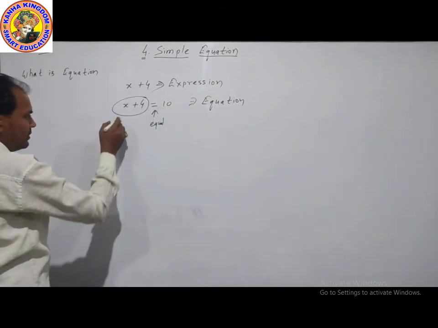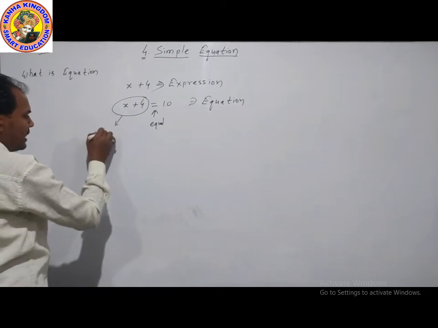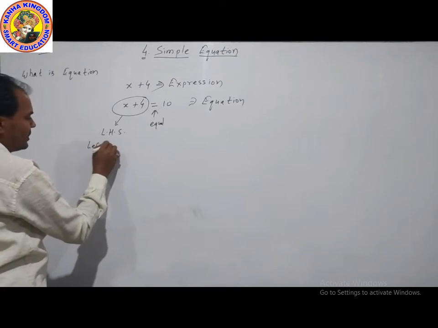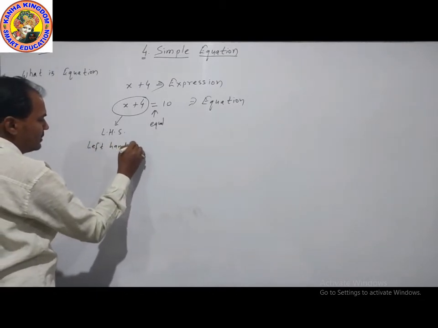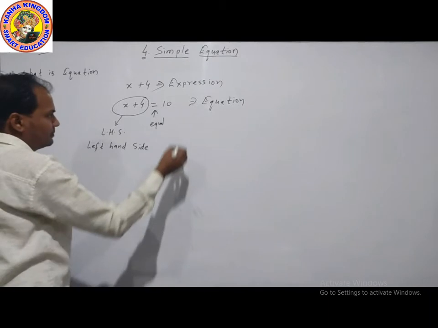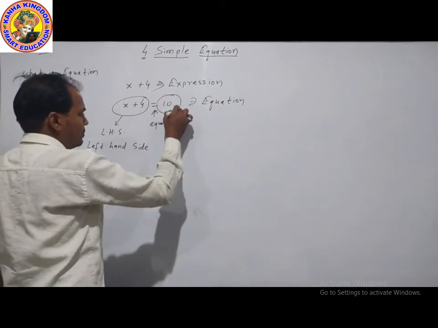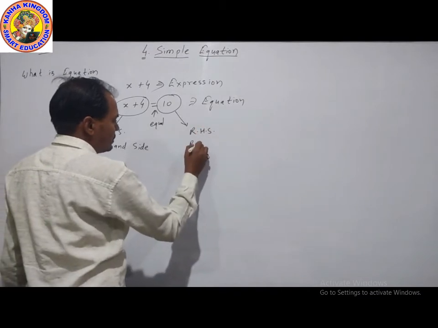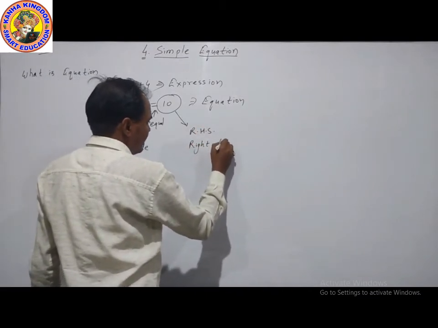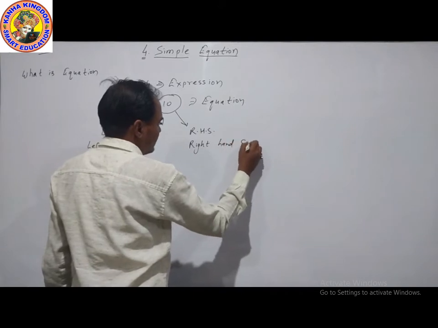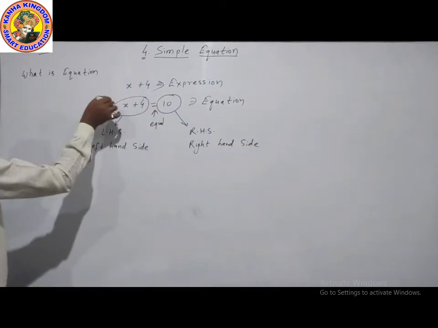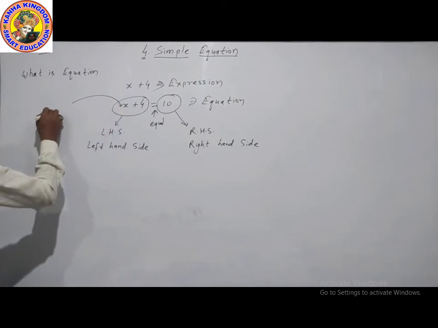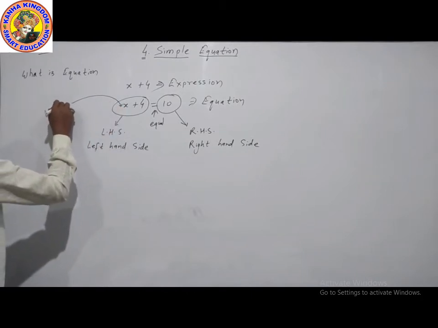In an equation, this is called LHS, which means left hand side, and this value is called RHS, right hand side, and the x is called a variable.